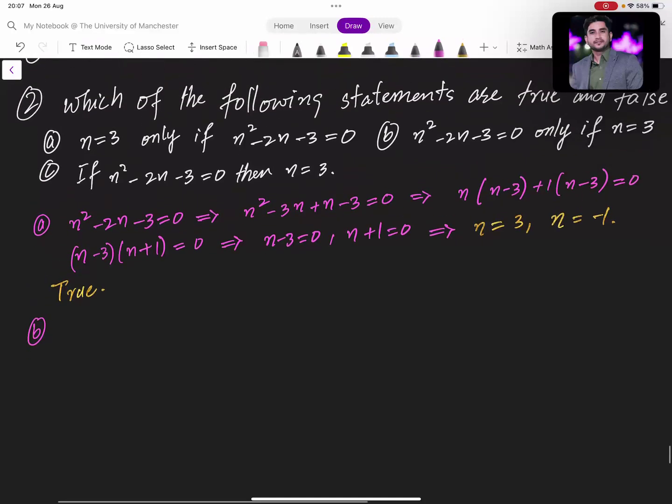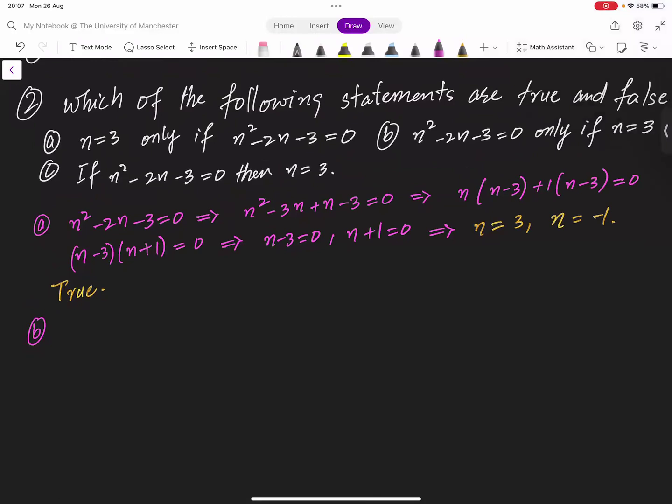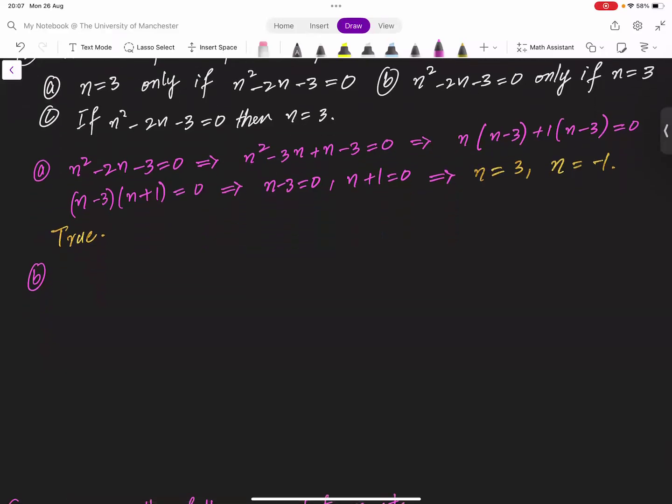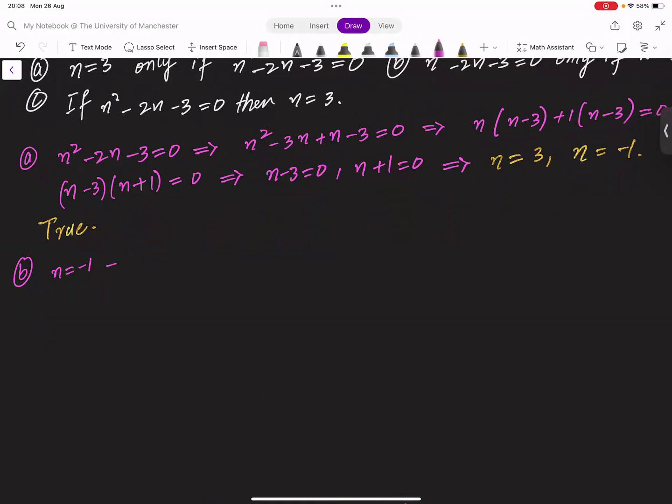Now B. B says that this equation is 0 only if n is 3. So B says n square minus 2n minus 3 is 0 only if n is 3. Now, to cancel this out, we take n is minus 1 and put it into this equation. So minus 1 square minus 2 into minus 1 minus 3 is 0.